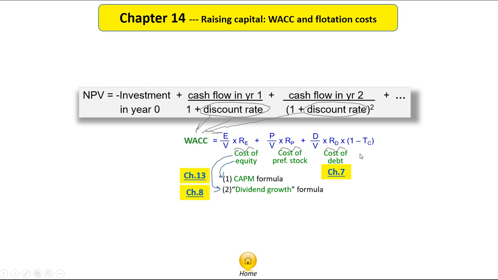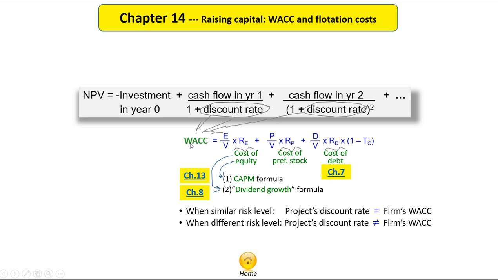Cost of debt is the same thing as solving for the yield to maturity on a bond, which was covered in Chapter 7. So can we always find the WACC and use it as the discount rate for a new project? Only when that project has a similar risk level to the risk level of the firm's existing projects. Otherwise, we cannot use the WACC as the discount rate.